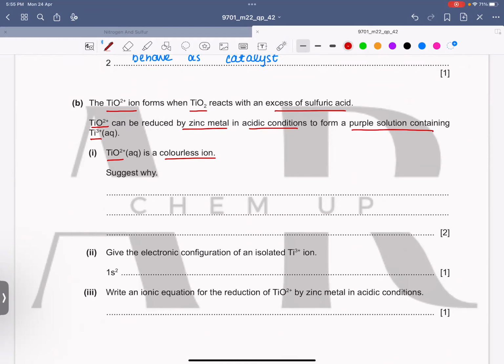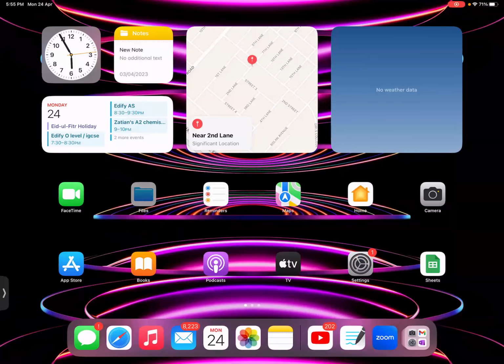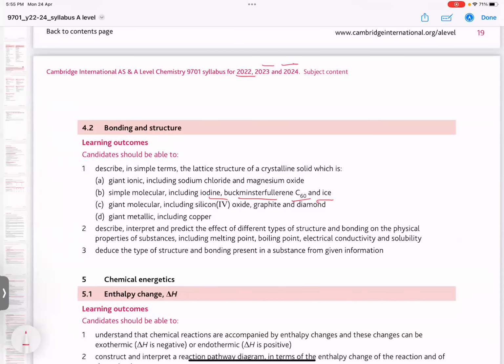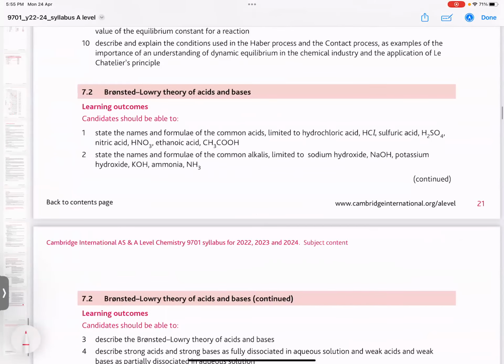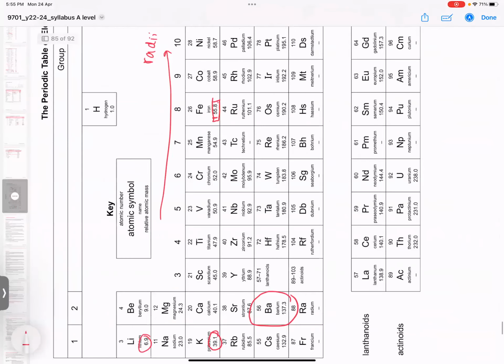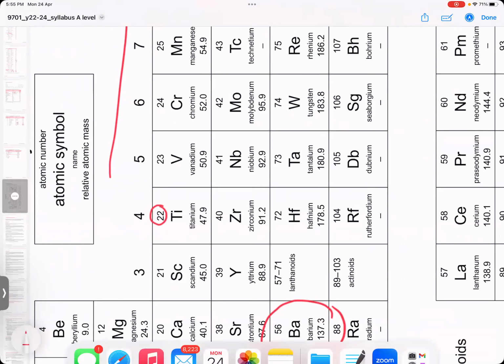So it means they are asking about why it is colorless. So if you look in the periodic table, here we have titanium.